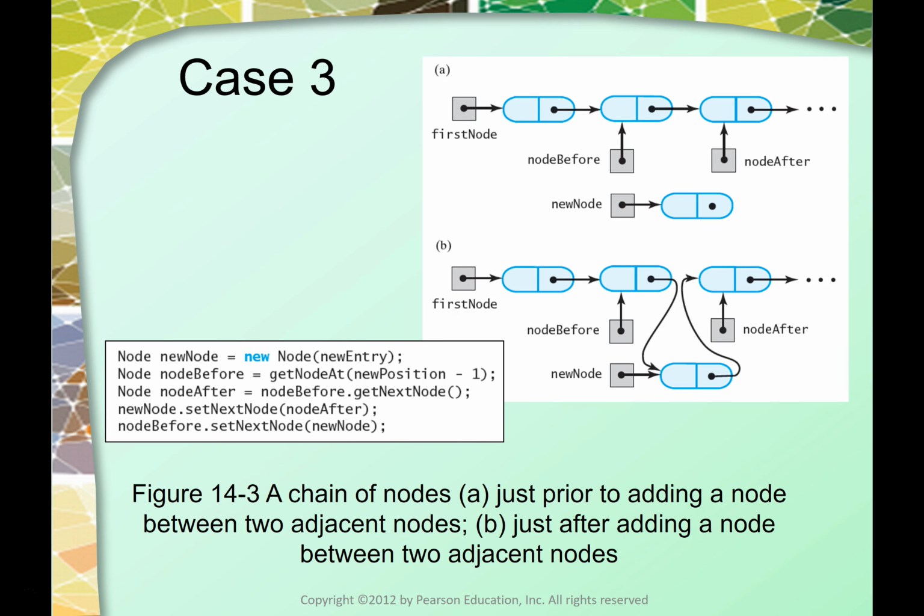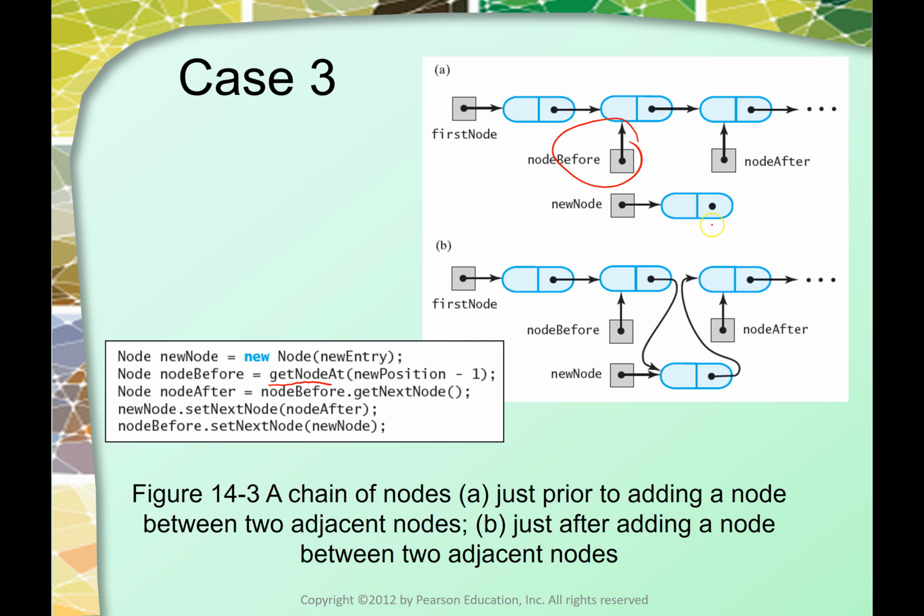Now here's where it gets interesting, because what if you want to add something in the middle of the list? In this case, what you have to do, and there are actually some extra methods provided in the demonstration for us, is get a reference to the node before the position where we want to insert the new item.